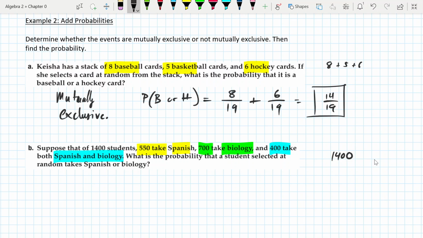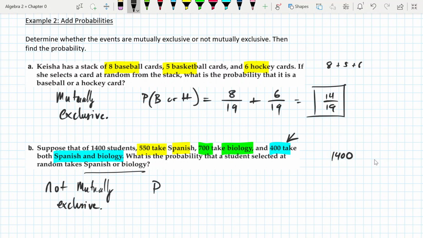What is the probability that a student selected at random takes Spanish or biology? So we have to decide, is this mutually exclusive or not? This blue bit right here, where it says 400 take Spanish and biology, makes it not mutually exclusive.